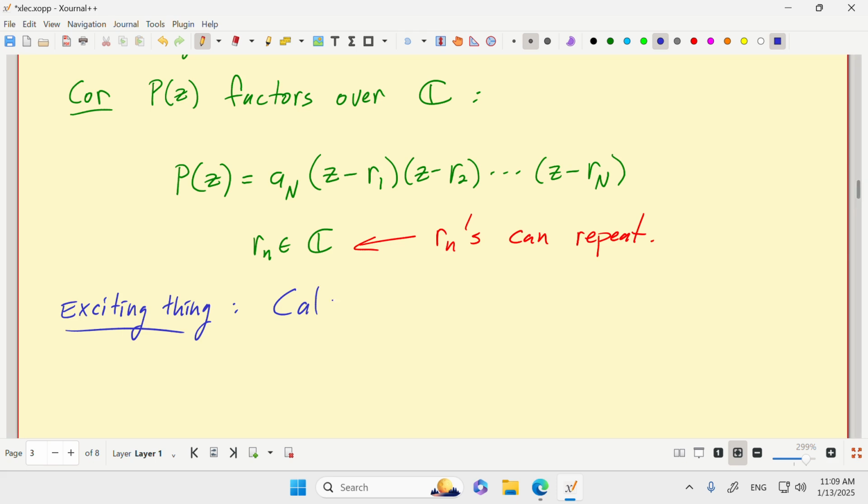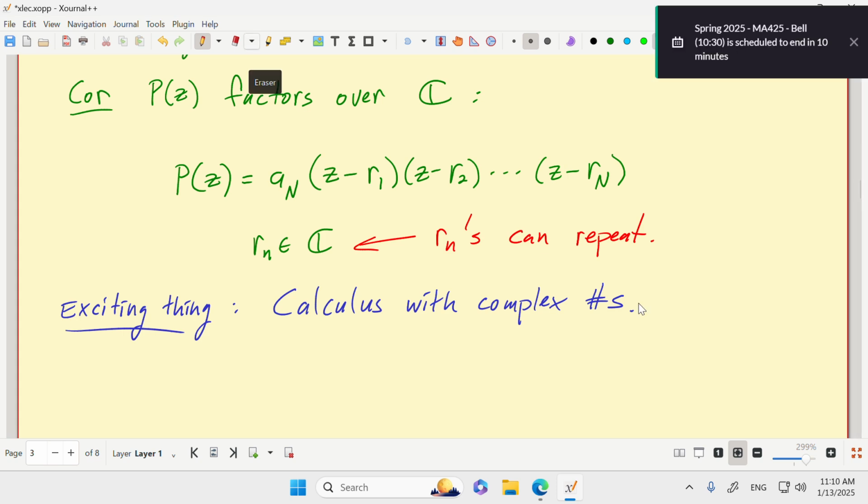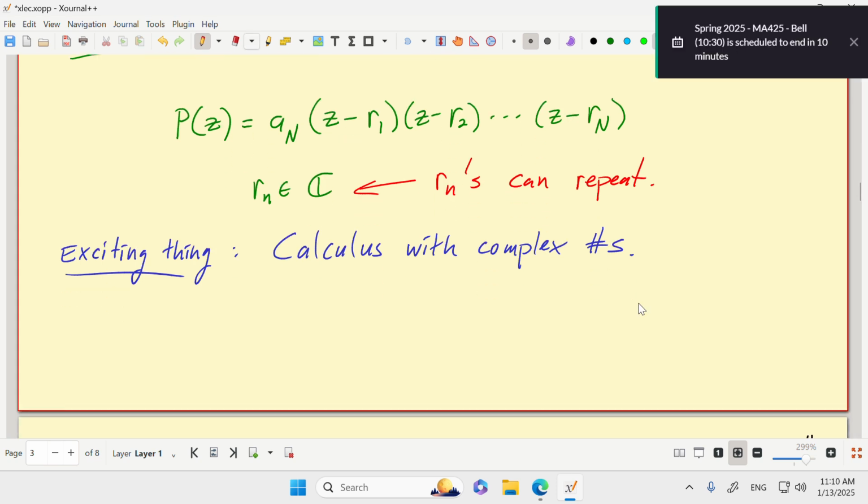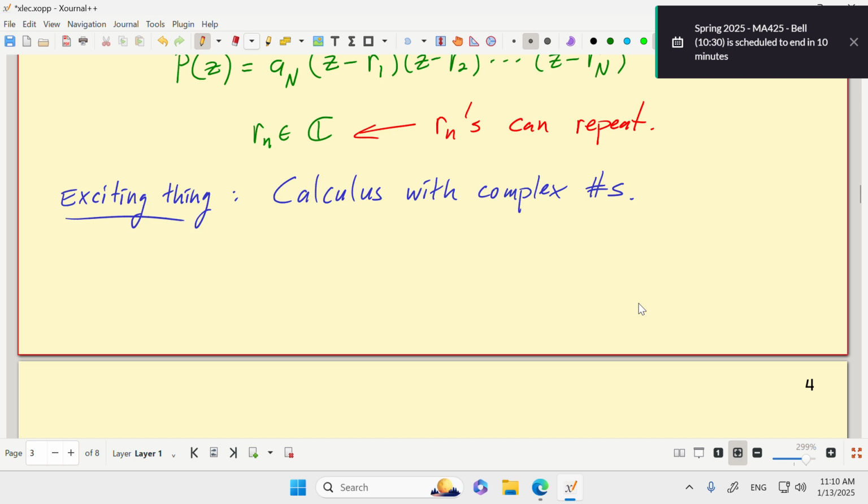Calculus with complex numbers. Okay, so let's think about what that might mean.